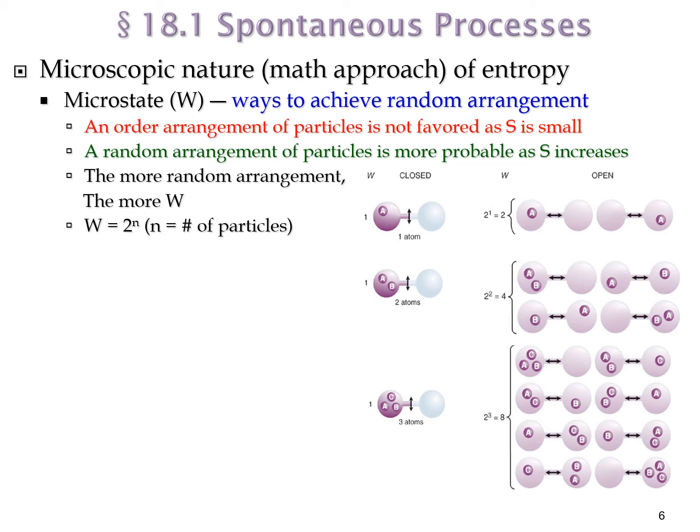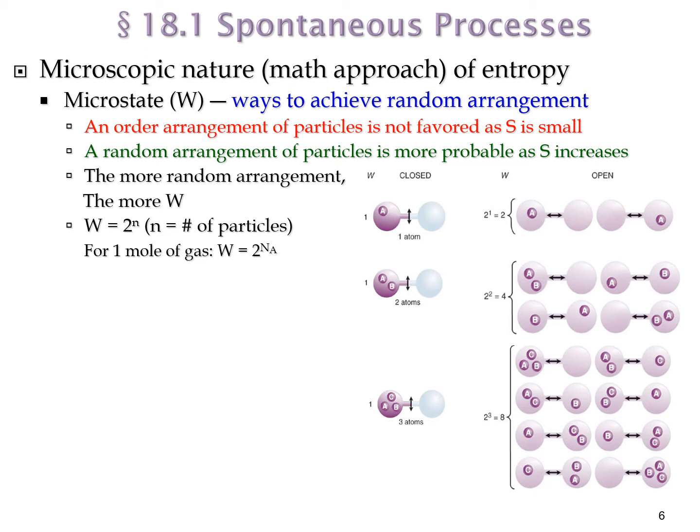Let's imagine if we have a flask with 1 mole of gas particles. And imagine what would happen if we open up the valve and let the gas particles go to the other flask. That definitely will give us a microstate count that equals 2 to the power of Avogadro's number.